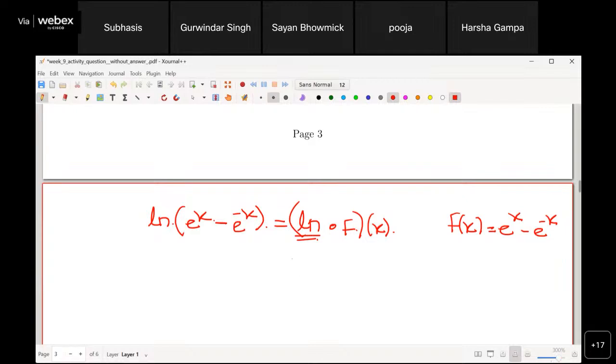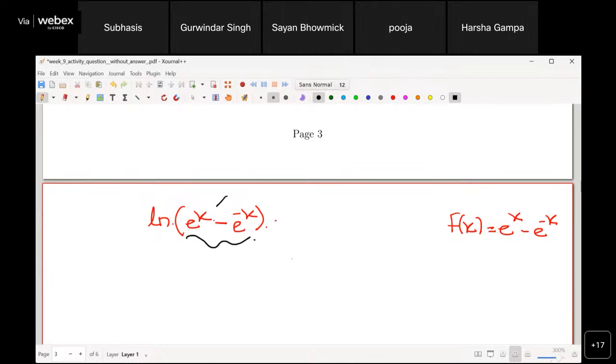So again, what do I have to do? What is the condition for this function? e to the power x minus e to the power minus x will be greater than 0.